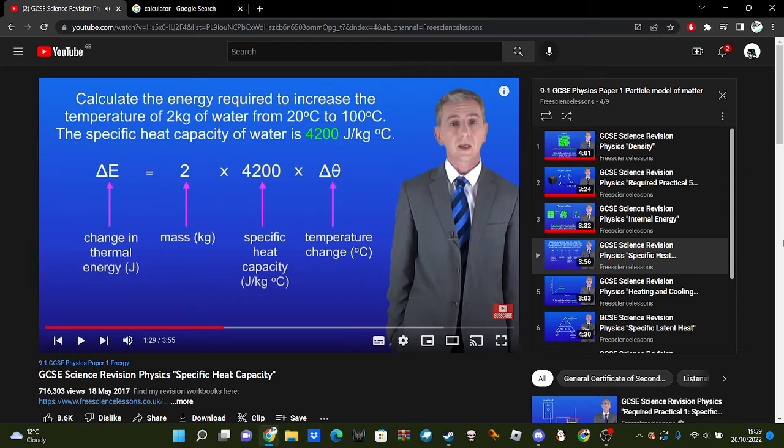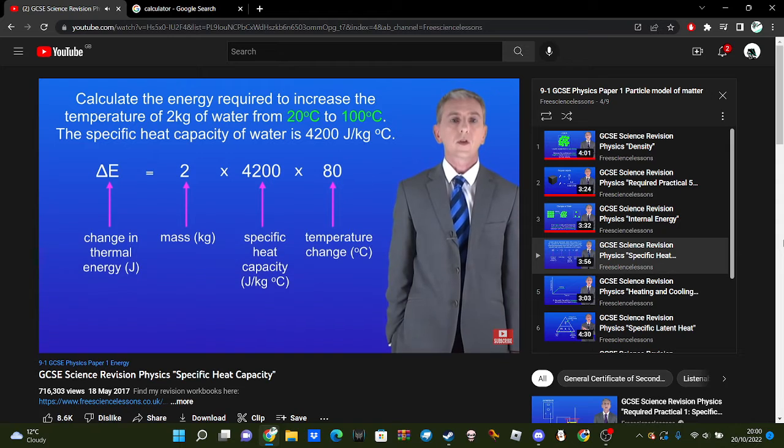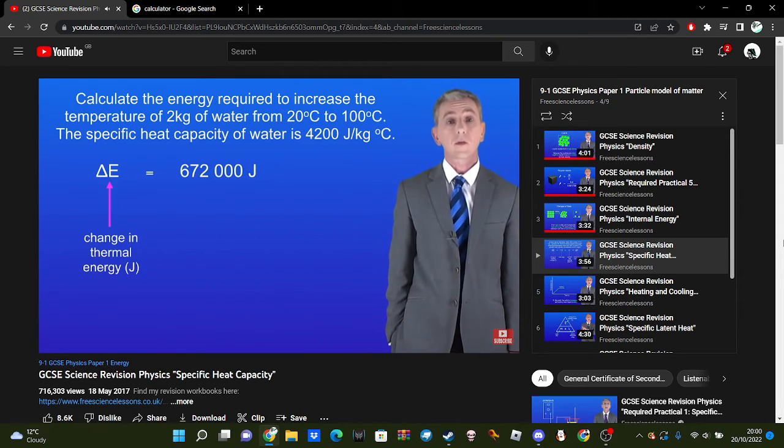Remember this: mass times specific heat capacity times temperature change equals the change in thermal energy. Putting these values into the equation gives us a total change in thermal energy of 672,000 joules. We can convert that to kilojoules by dividing by 1,000, giving us 672 kilojoules.